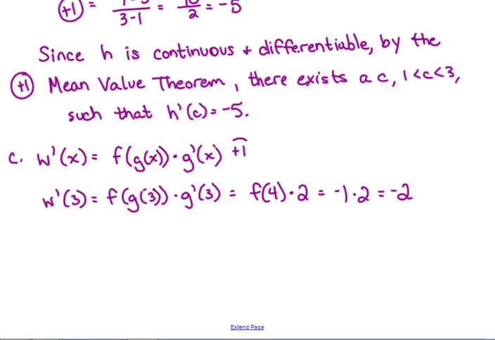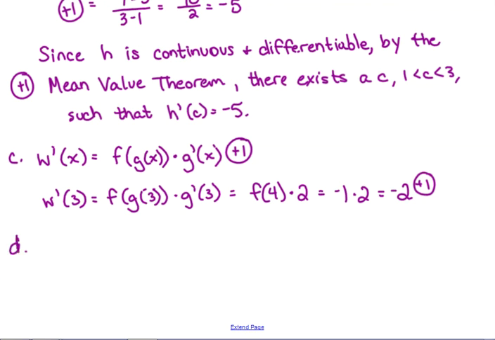It says 1 point for the chain rule and 1 point for your final answer. So that makes me think that if you forgot the g prime of x part, if you just had f of g of x, so your answer would just be -1, I think they may still give you 1 out of the 2 points. You just wouldn't get the full 2 points because you didn't apply the chain rule. I think that's how those would look.